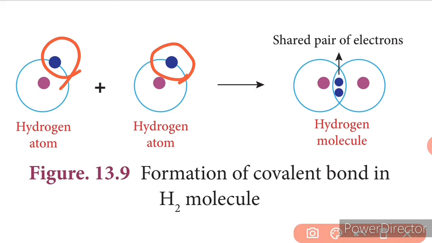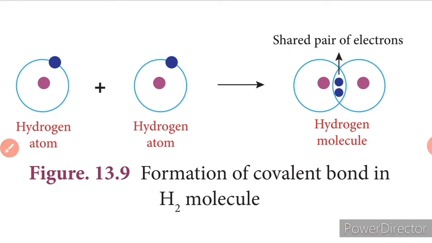Now when they form the covalent bond, these two electrons are shared between the hydrogen atoms. So this is the shared pair of electrons. Each hydrogen atom is contributing one electron and a covalent bond is formed. So sharing of electrons between the two hydrogen atoms takes place.